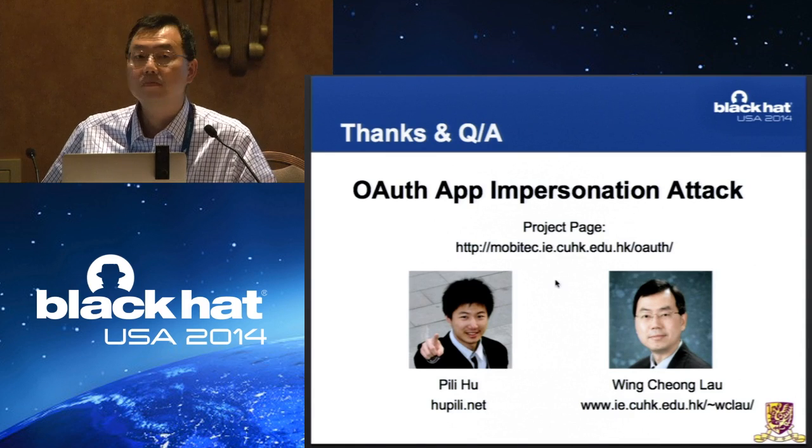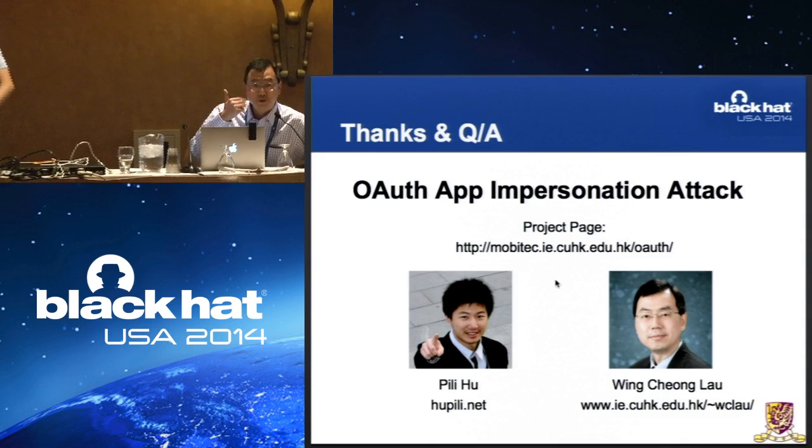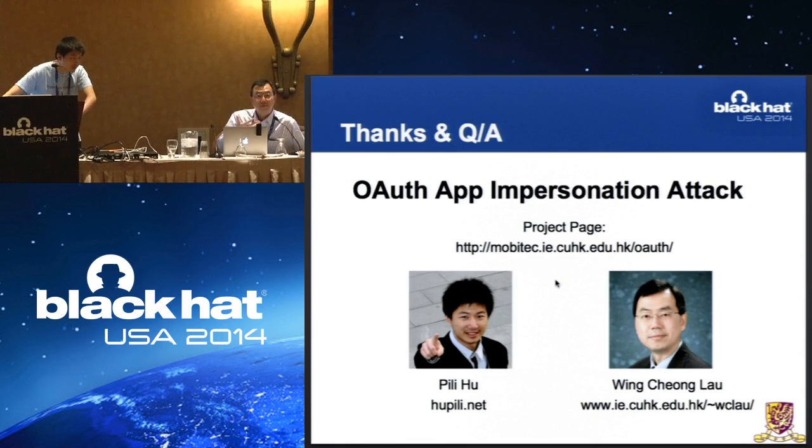I think there's advantage and disadvantage to that. So the question is, if you use the authorization flow, the app can keep on renewing its access token, and the user will lose control over blocking it, right?